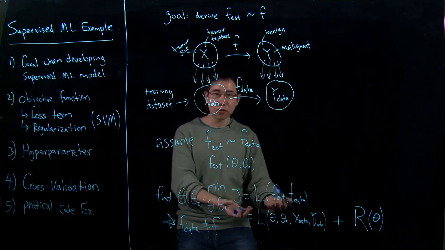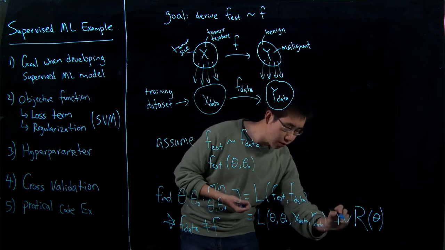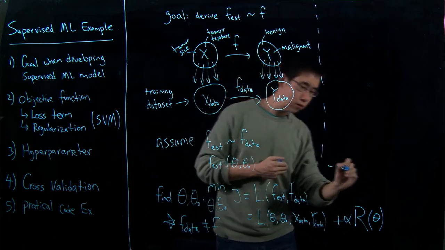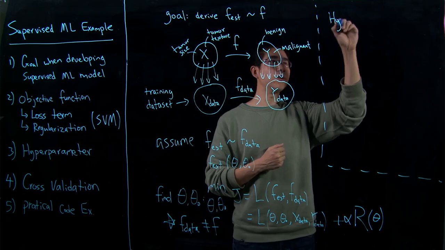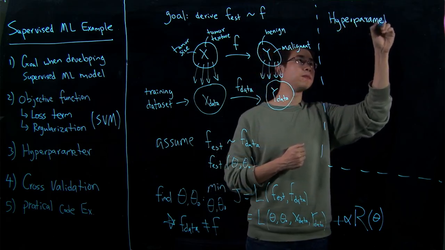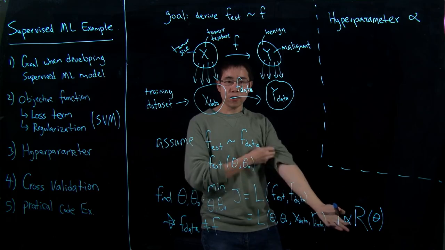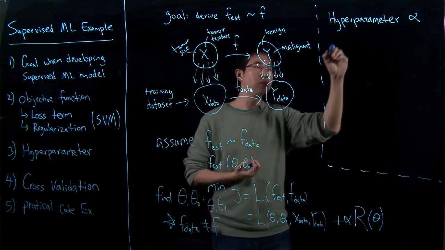Now, balancing this loss term and this regularization term is the hyperparameter alpha. So just to reiterate, we have a hyperparameter alpha. And this alpha is unique in that it is a value that we must choose.